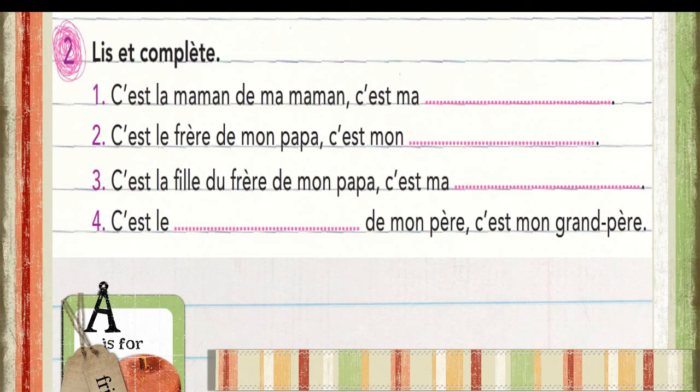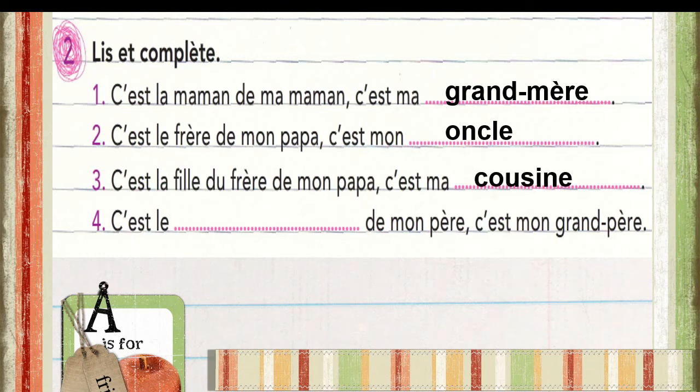The mother of my mother. C'est ma grand-mère. C'est le frère de mon père. C'est mon oncle. C'est la fille de frère de mon papa. C'est ma cousine. The daughter of the brother of my father. So it is my cousin, ma cousine.